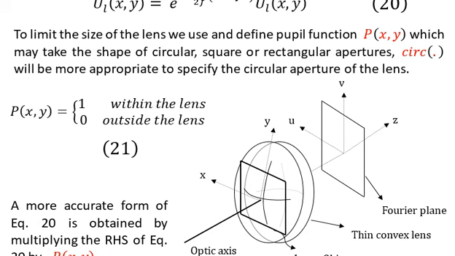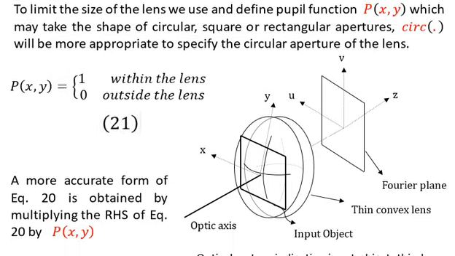The lens will be surrounded by an opaque region, so no light will pass outside the lens; only the light passing through the lens will pass, and it will not be attenuated because the pupil function has a transmittance equal to 1, as given in equation number 21.